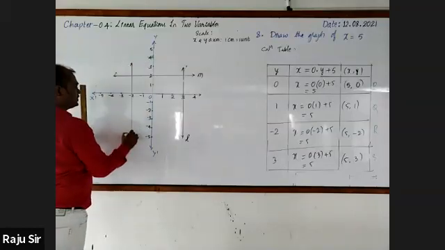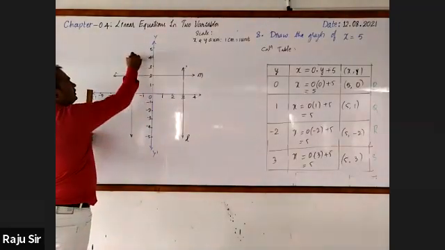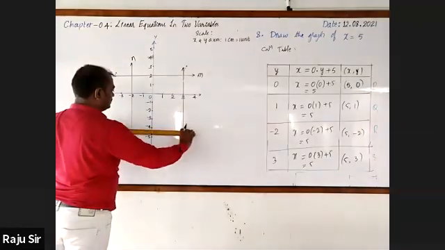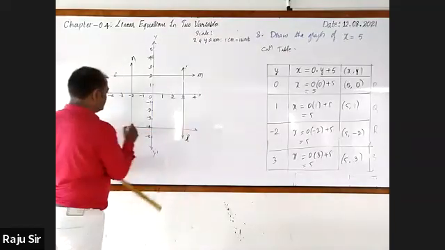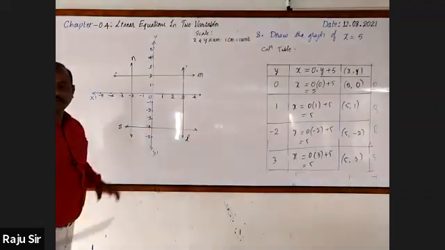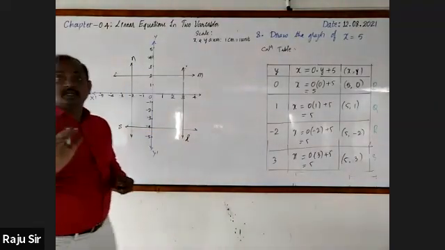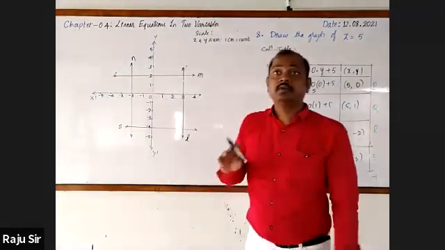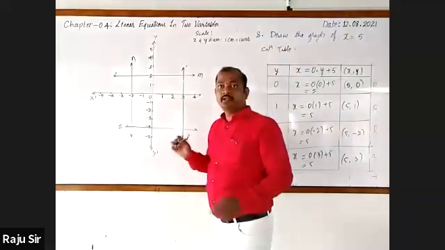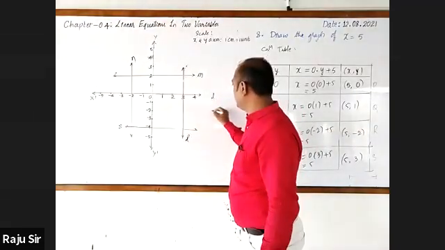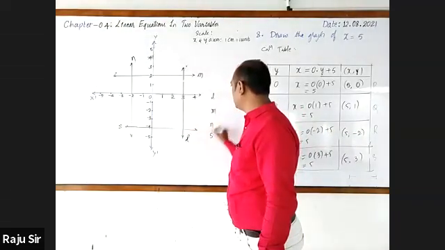No, we are just going to discuss something. L, M, N, forming a rectangle. Actually, this question was asked for 3 marks. The question was like this: write the equations of the lines L, M, N, and S.